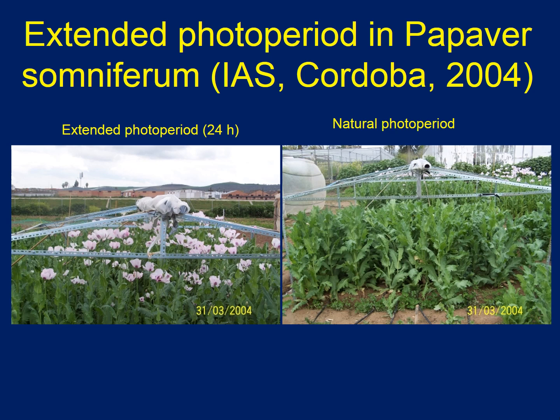At the end of March, those plants that were supplemented with light with a photoperiod of 24 hours were already flowering, while plants under the natural photoperiod, which in that period is around 12 hours, were still in vegetative growth.